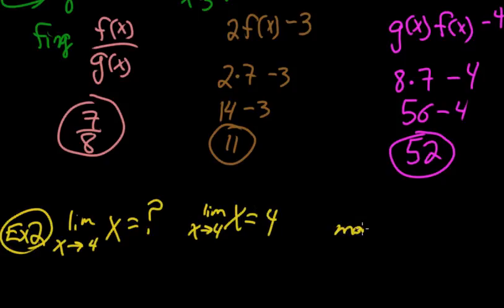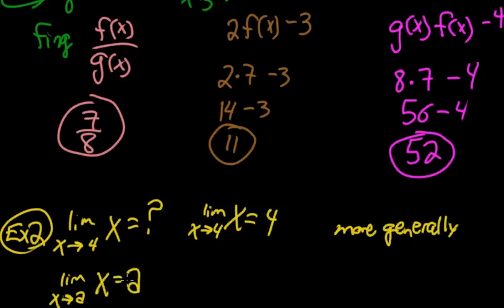Or more generally, we can make a pretty common statement about this. That's a specific case of it. We can say that the limit as x approaches a of x equals a. So anytime a is going to something down here, if we have just that letter and not f of x, so we're not putting into any kind of function, it's whatever this number is down here is our answer.